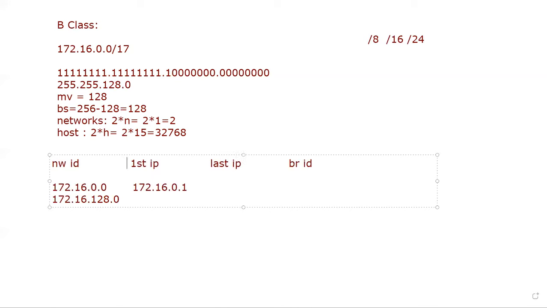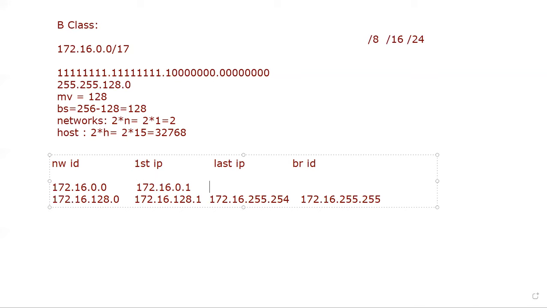Like in C class, we changed the 4th octet; in B class, we change the 3rd octet. Right, good. So my first IP is this, similarly my first IP is 172.16.128.1. These are my last IPs.